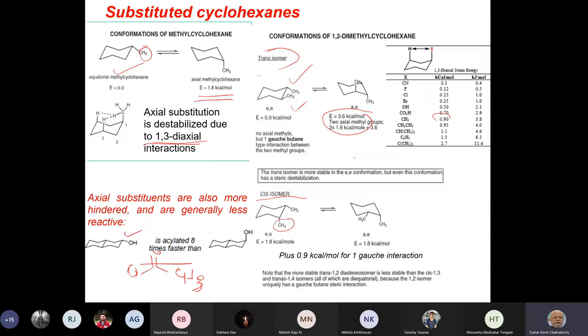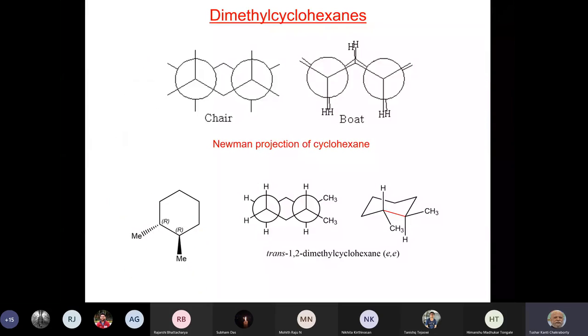For example, if I write this in the planar form, this is the 1,2 trans dimethyl substrate, which I said will be diequatorial and preferable. You draw the chair form as shown here, and if you have to draw the Newman projection, it will look like this. This is the red color bond.